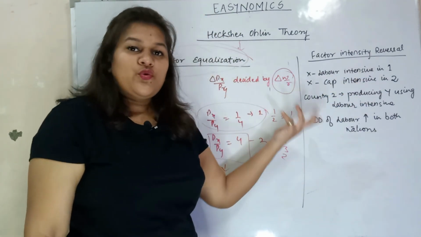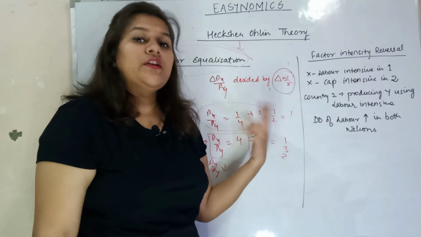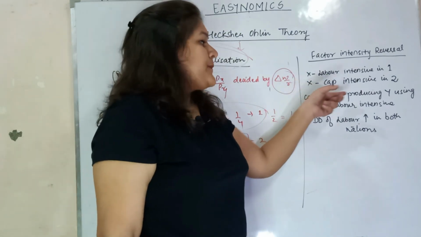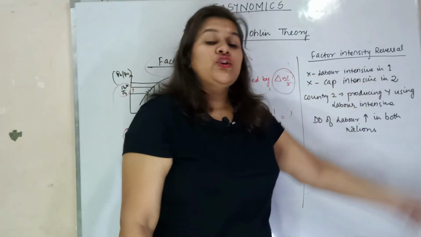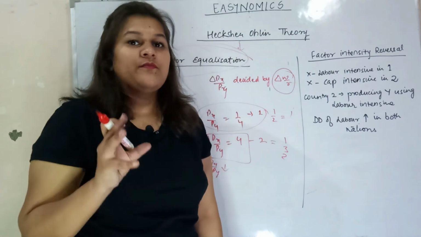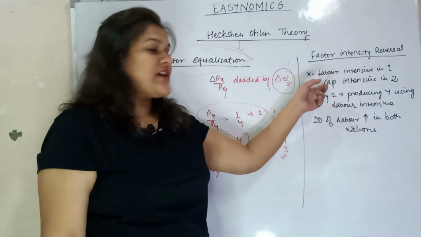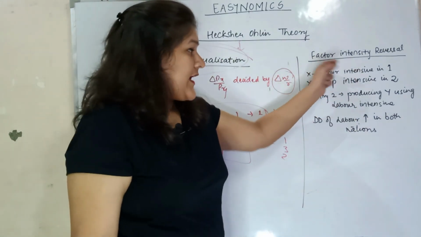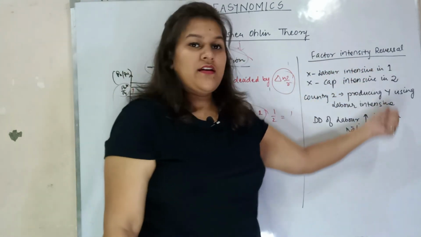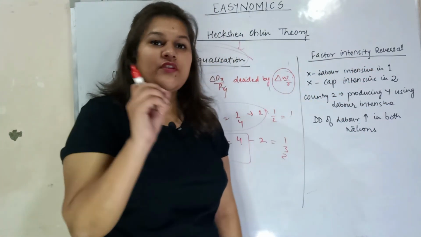So you require more capital to produce X in country 2. So country 2 will be producing Y using labor intensive method because it requires capital to produce X.